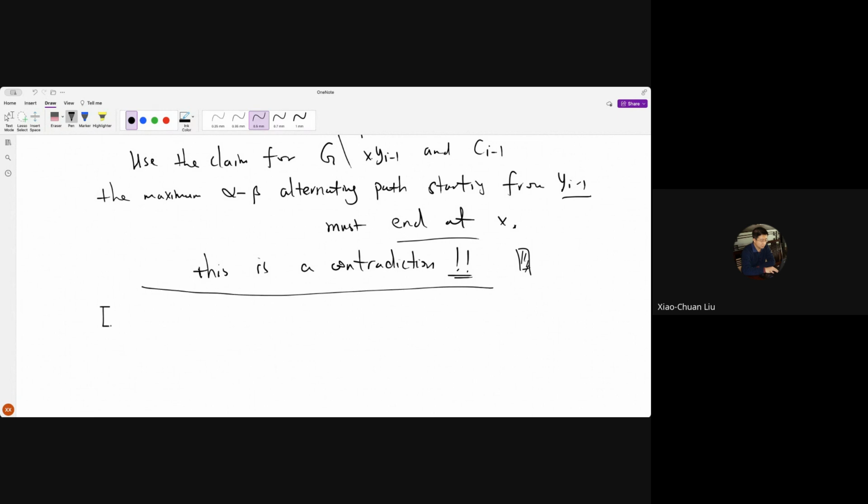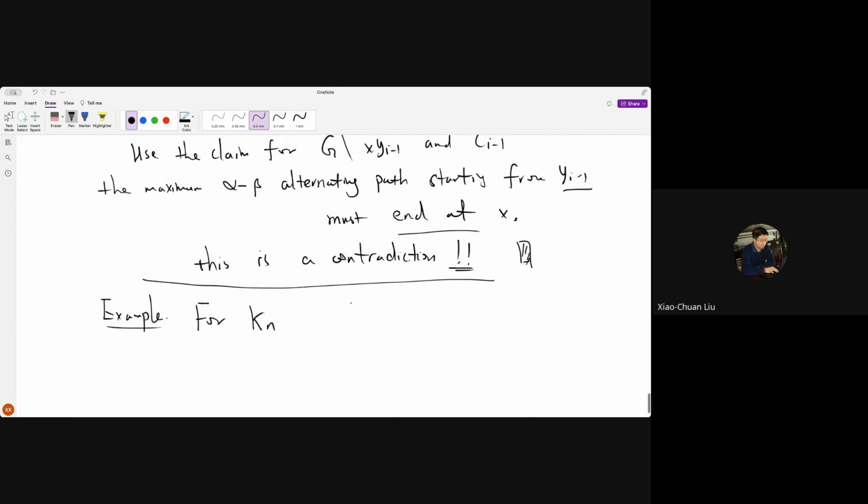So in the final part, let me show an example. So let's clear our mind. For complete graphs Kn, what happens is that if n is odd, then the chromatic index of Kn is actually n.